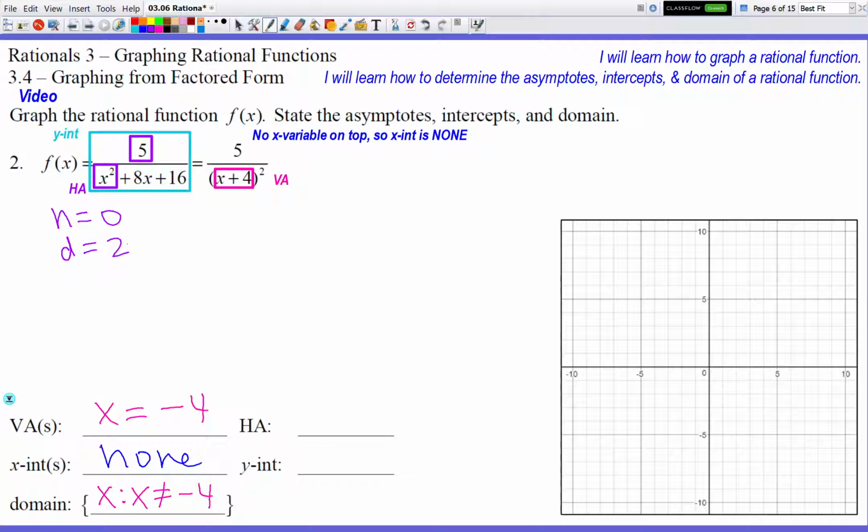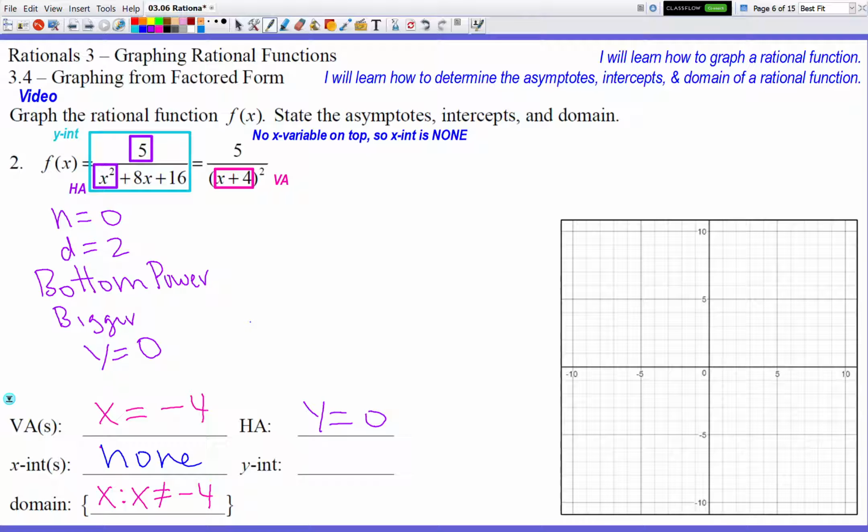So this is going to be called the category bottom power bigger. Since the bottom is bigger, this is known as bottom power bigger. And hopefully you remember what your horizontal asymptote looks like for the category bottom power bigger. Hopefully you remember that the equation is horizontal asymptote y equals 0.